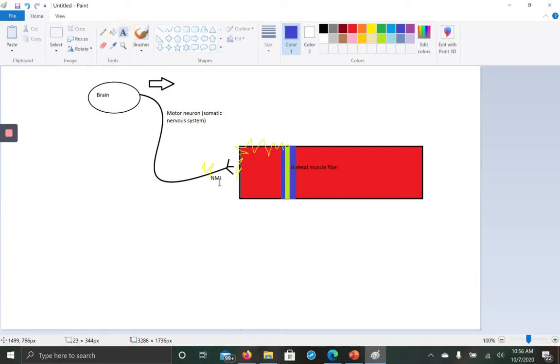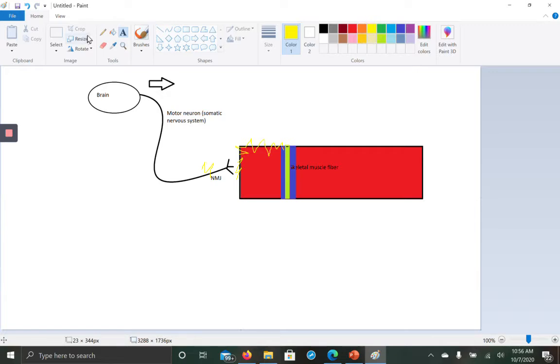Alright, so the brain sends an output signal via a motor neuron to a skeletal muscle fiber. The location where the electrical signal moves from the motor neuron to the sarcolemma is the neuromuscular junction. The electrical signal, once given to the sarcolemma, travels along the sarcolemma to a T-tubule, which is continuous with the sarcolemma.